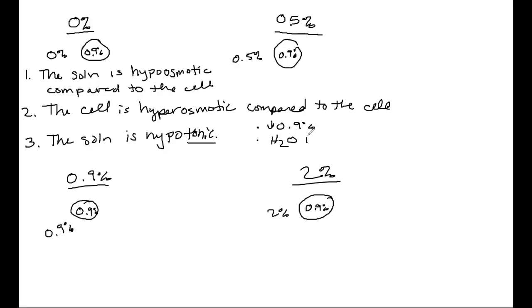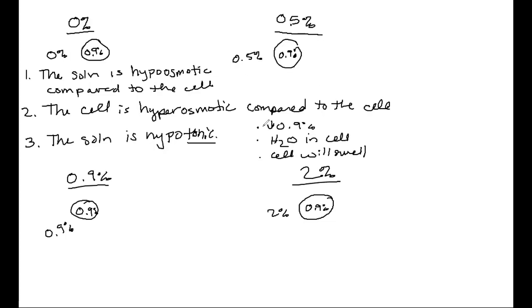Water is going to go into the cell. And what's going to happen to the cell? The cell will swell, right? Or blow up. In the case of 0%, it's going to blow up or hemolyze. In the case of 0.5%, that's not as great of a difference, so the cell's going to swell.